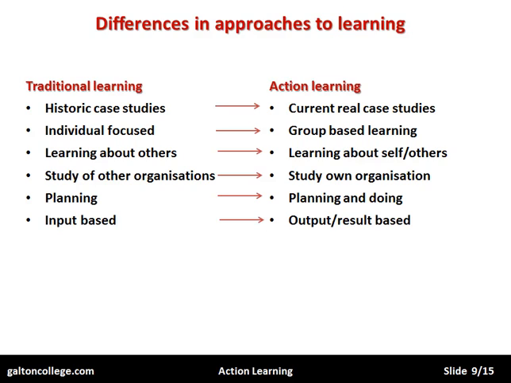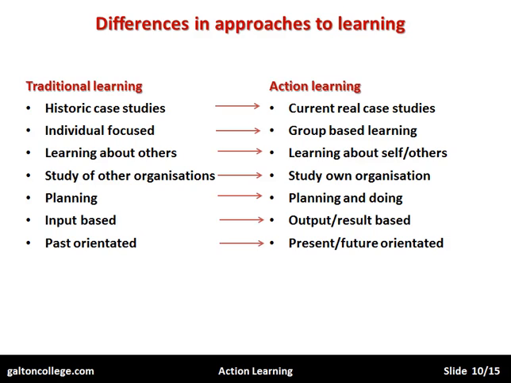But with action learning, it's doing, and then the final result is, if the solution proposed works, the result will be good. The problem has been resolved. So it's result based. Again, quite a big distinction between the two.